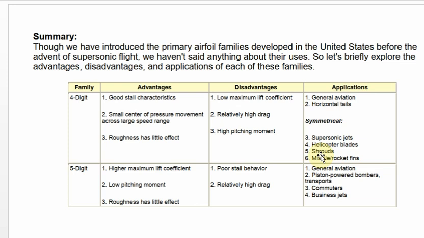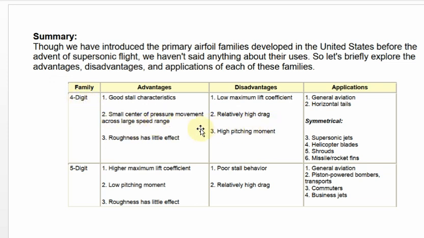So you can get an idea. Suppose I want my lift coefficient to be very low, then I can choose my 4 digit aerofoil. And similarly, if my stall characteristic should be very good, that means I need to achieve maximum lift and maximum angle of attack, it means I can go for this 4 digit aerofoil. Like that you can read it.